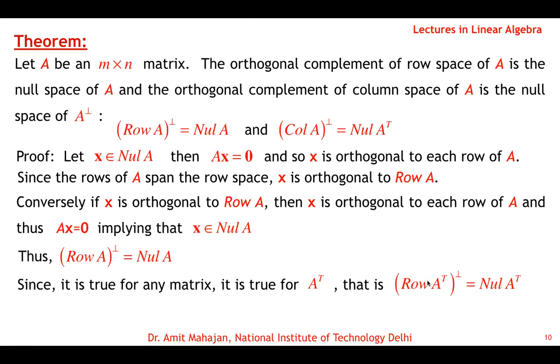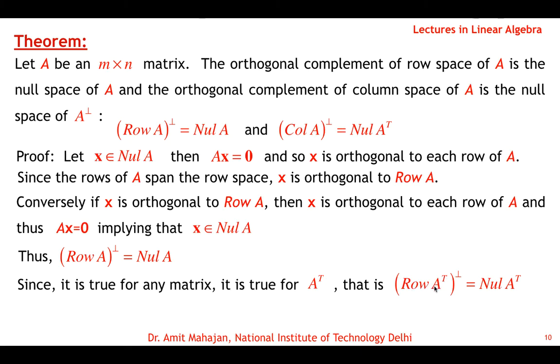Now row space A means linear combinations of rows, and A transpose means that the columns are changed into rows, and rows become columns. So row space of A transpose means the linear combination of columns of A, because the columns are transformed into rows.